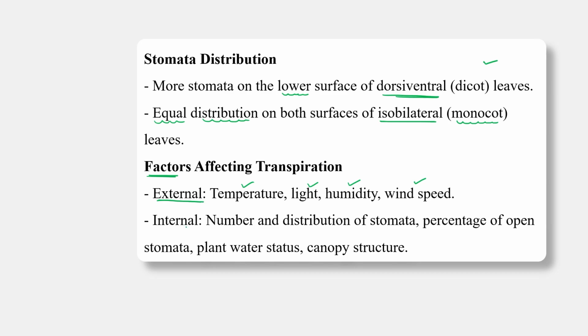Some internal factors also affect transpiration, like distribution and number of stomata, percentage of open stomata, plant water status, and canopy structure. Canopy means if big plants are there in a jungle, and under the big plants some lower plants are also present, and on the lower side some herbs.